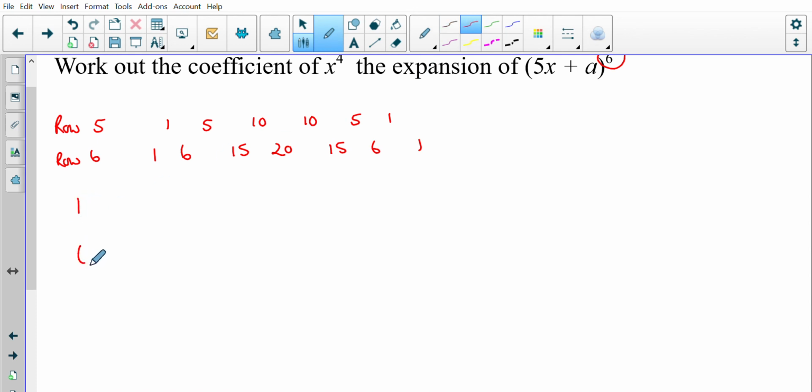So I've got 1, 6, 15, 20, 15, and we'll see if that's far enough. So there's my row of Pascal's triangle. And now I'm going to write down my workings for each one.